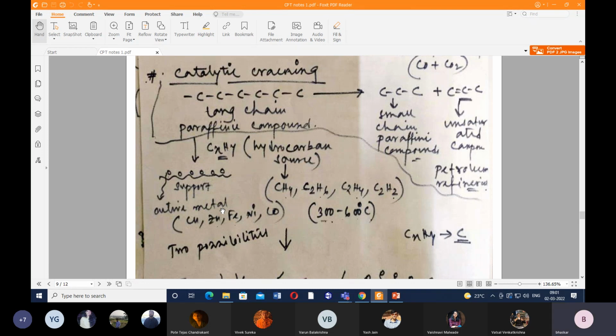Okay, so now is the reduction. We can perform reduction in the presence of hydrogen. In the presence of hydrogen, nickel oxide will get converted into the elemental form, nickel. So nickel will reside on the surface of silica or alumina. This is how we can synthesize a nickel-based catalyst.